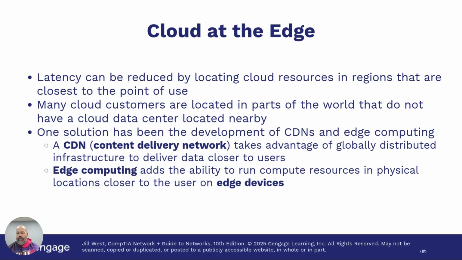But many customers are in places without nearby cloud data centers, so there are CDNs or edge computing. A CDN is a content delivery network. They distribute copies of your data to locations worldwide, so users always have access to a nearby server. It's like having local convenience stores instead of everyone driving to one central warehouse.